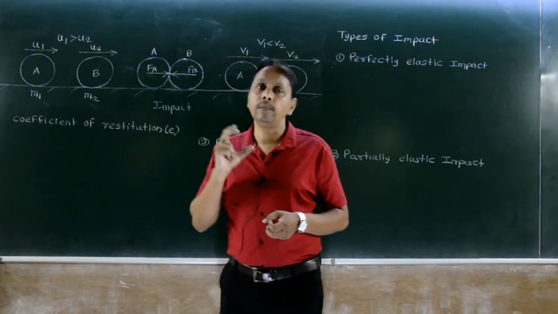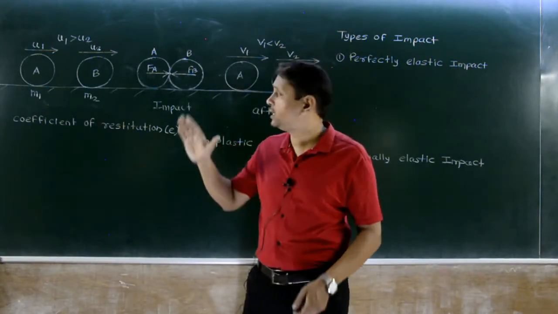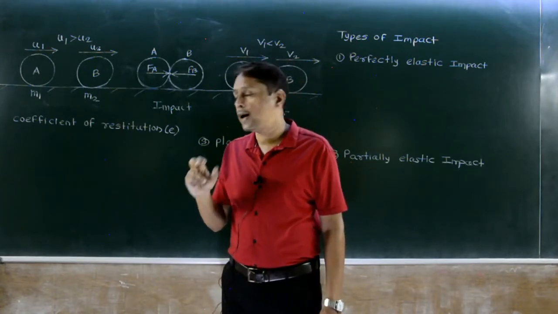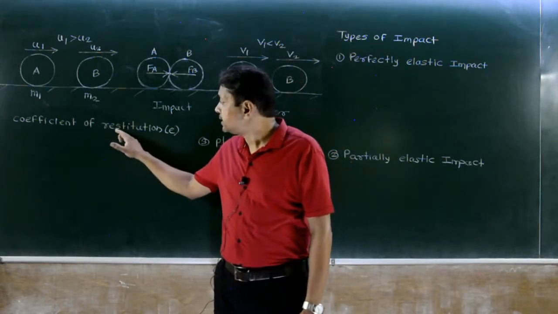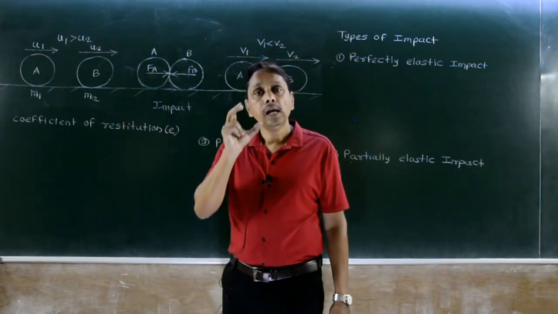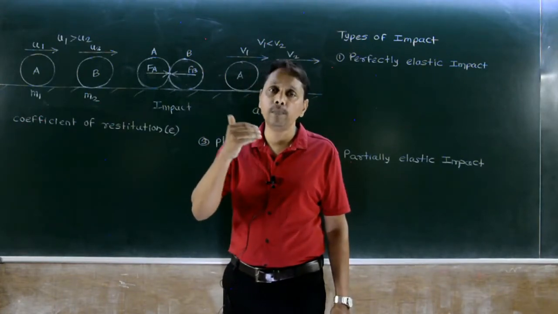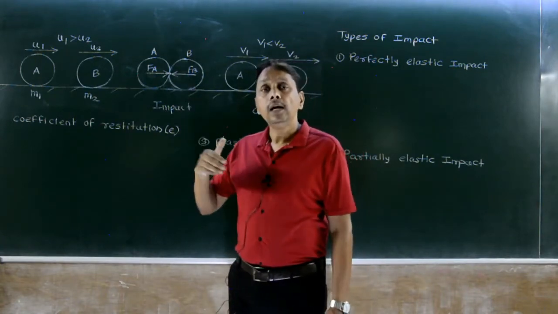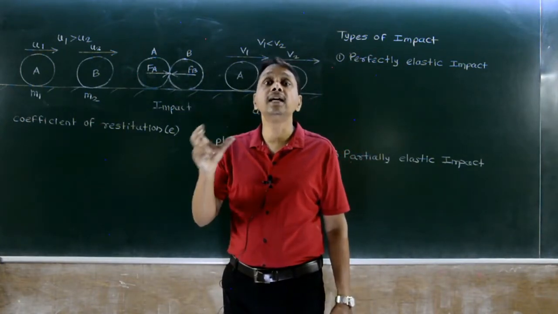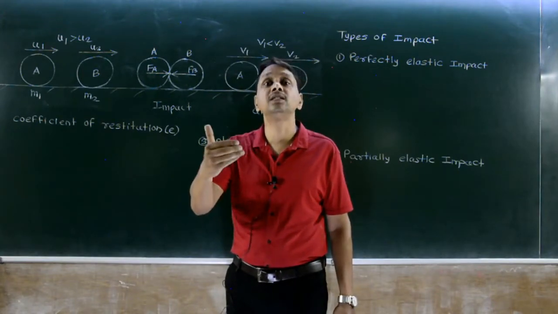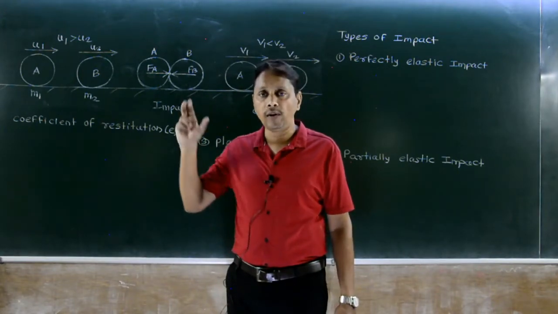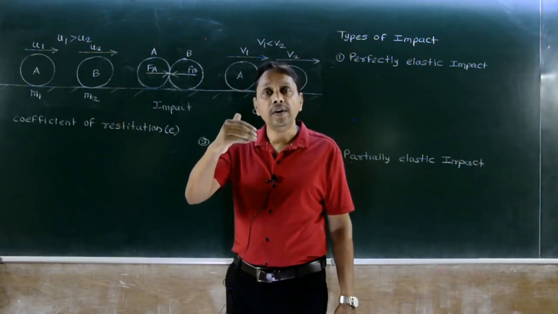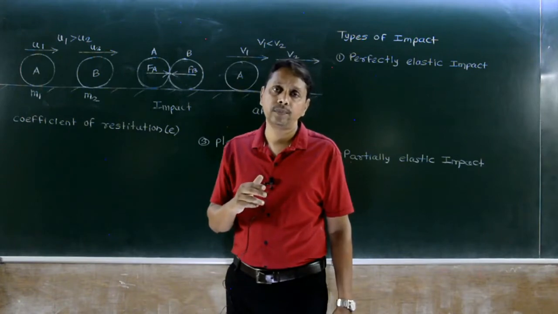And the other time, measured from maximum deformation to just separation, is called the time of restitution. It is called the time of restitution because in this time these bodies recover their original shape and size due to their elastic properties. From that deformation, these bodies regain their original shape and size.